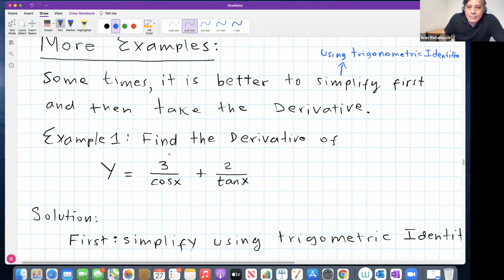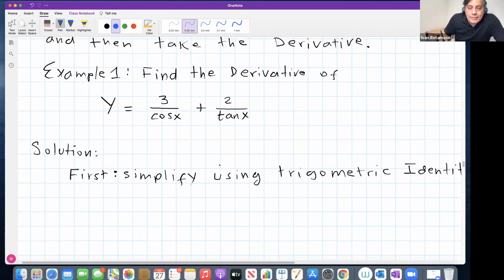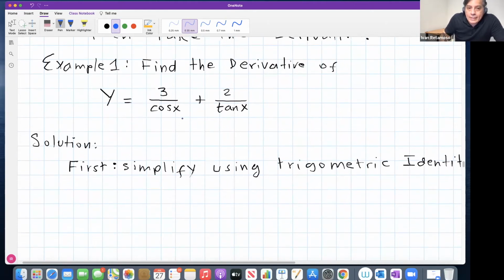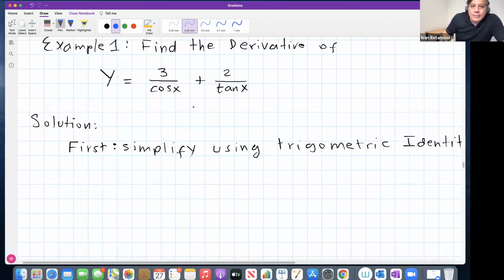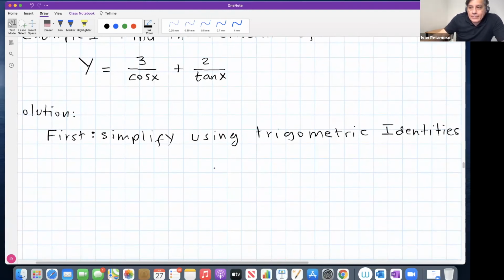So for example, suppose they are asking you to find the derivative of this expression, y equals 3 over cosine of x plus 2 over tangent of x. That's the function, right? So as I said, instead of going straight to the quotient rule here, try this: simplify using trigonometric identities. Well, isn't it true that when you study trigonometry they talk to you about these reciprocal identities?